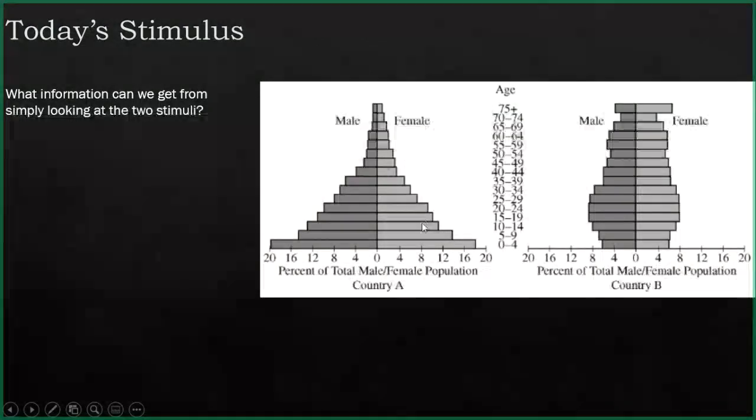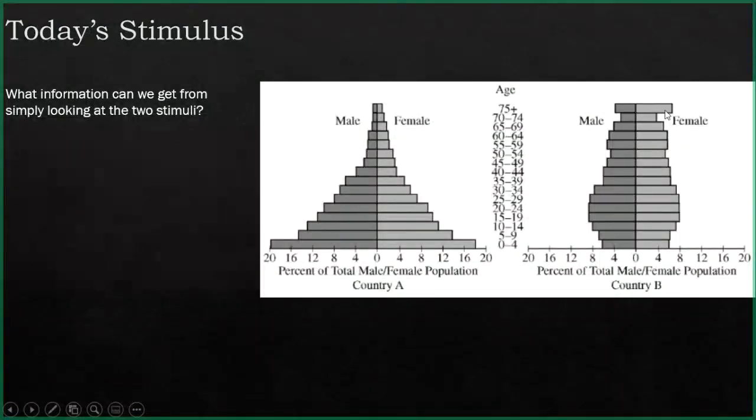That's a very, very large chunk of people. So they definitely have to spend time and money on the children. They don't have to really worry about spending too much time or money on the elderly population.